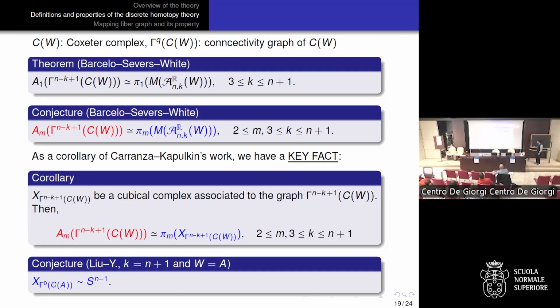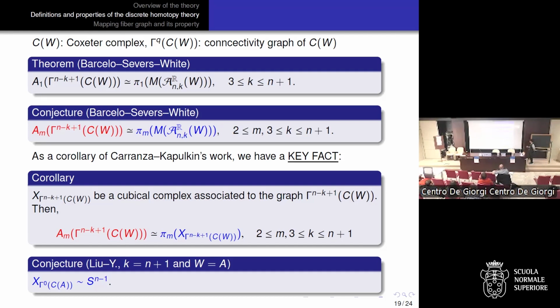This was shown by Barcelo et al. But the higher dimensional case is still an open problem. But in the Carranza and Kapulkin work from two years ago, they gave a key fact.